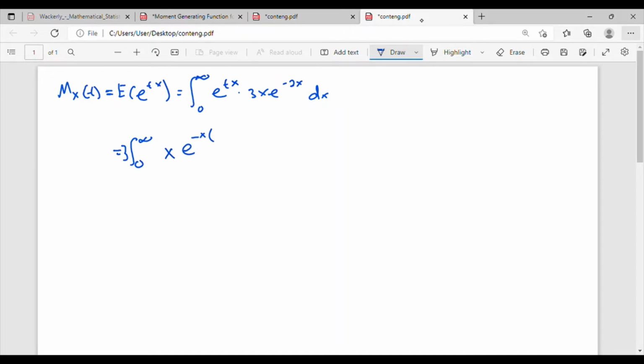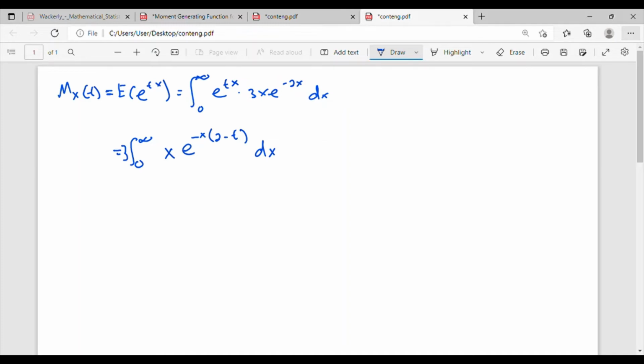Because of that, we take out negative x when you factorize the index of the function, negative x times 2 minus t, dx. So from here, what we need to do is integrate the function x multiplied by e power of negative x times 2 minus t, dx.